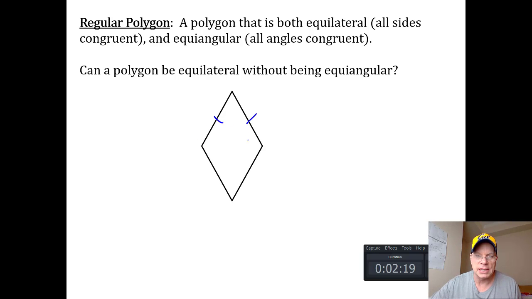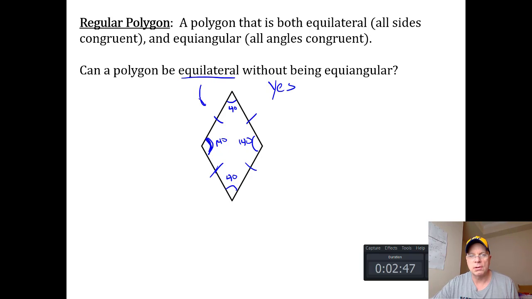So it's definitely equilateral, but it's not equiangular, because this angle looks to me like maybe 40 degrees, but these other two angles would be, well, we've got 360 minus 80 is 280, so they have to be 140 each. So it is possible to be equilateral without being equiangular.